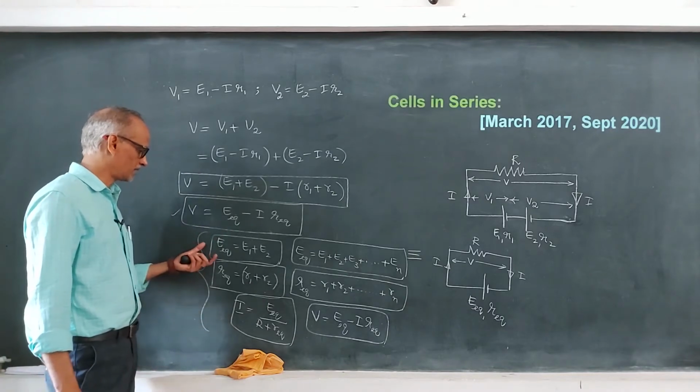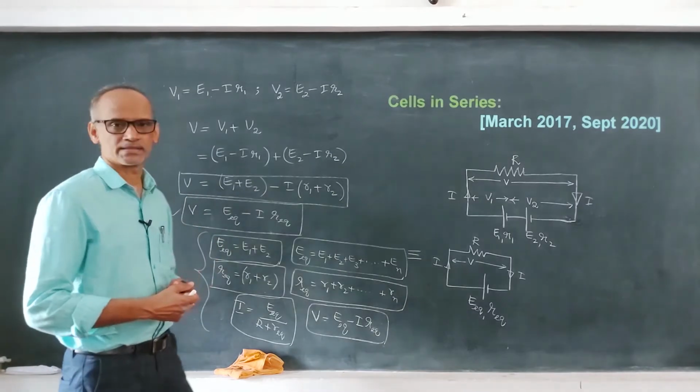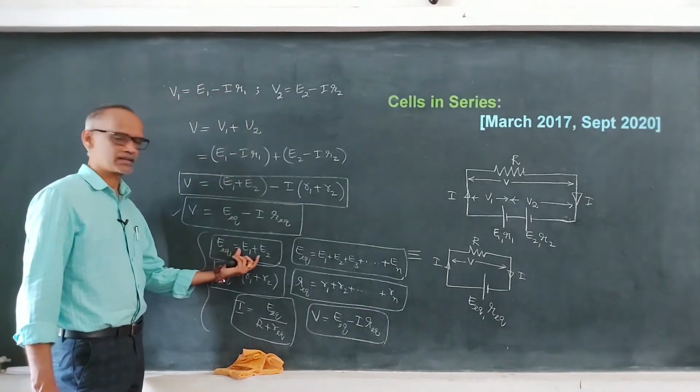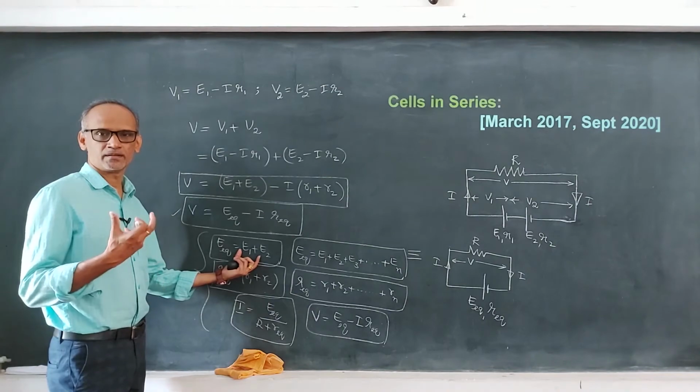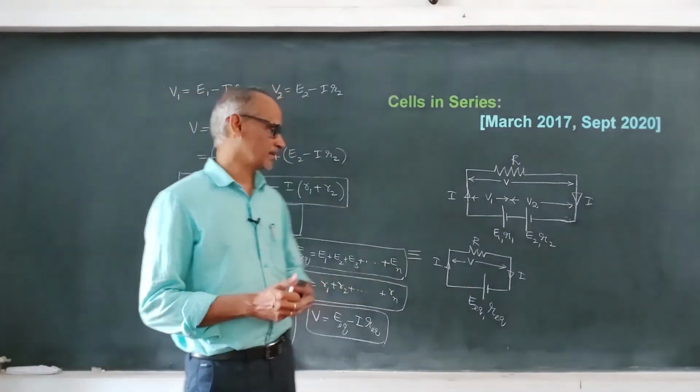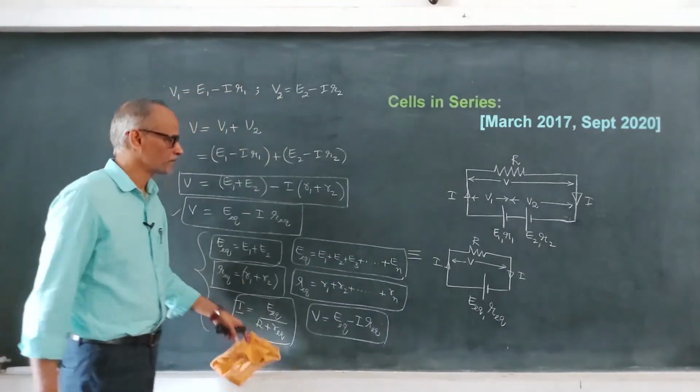Therefore the advantage of combining cells in series is that the EMF will get added up. So we'll get more EMF in the circuit, so that a larger EMF can be used for any practical purpose.